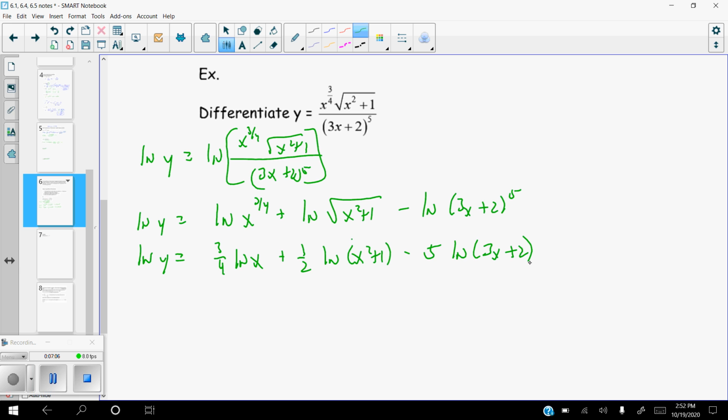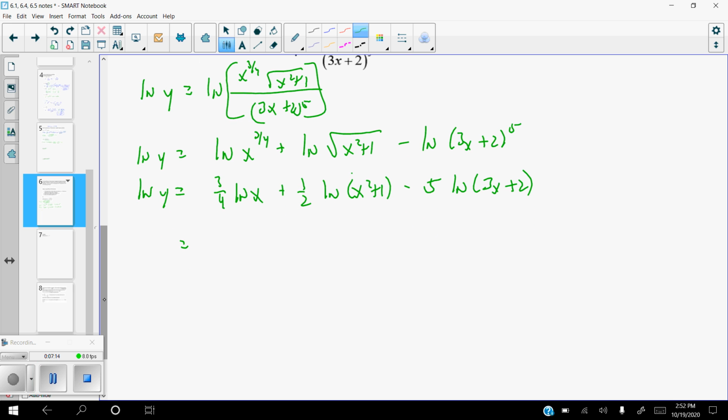Now we're finally ready to actually take a derivative. When I take the derivative of the right side of this equation, 3/4 is a coefficient. The derivative of natural log of x is 1 over x. So it's 3/4 times 1 over x. That one's done. 1/2 here is a coefficient.